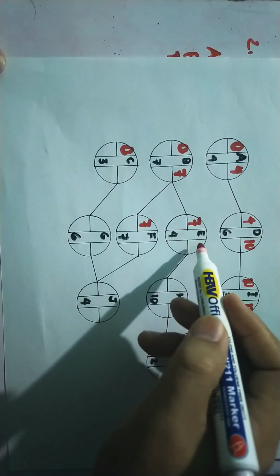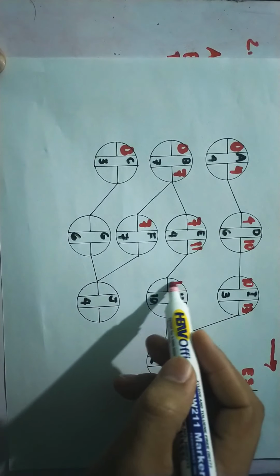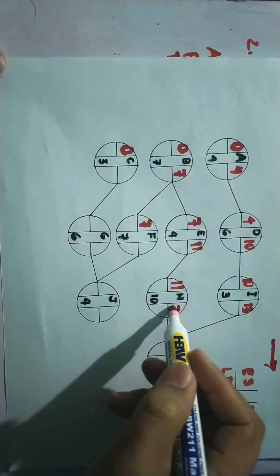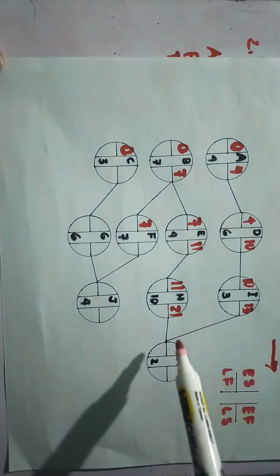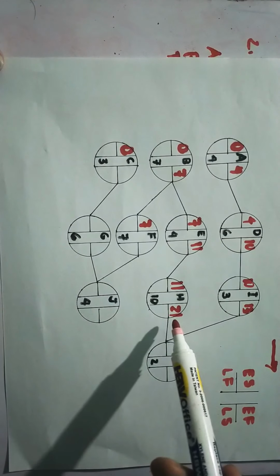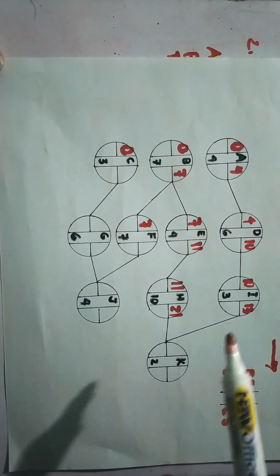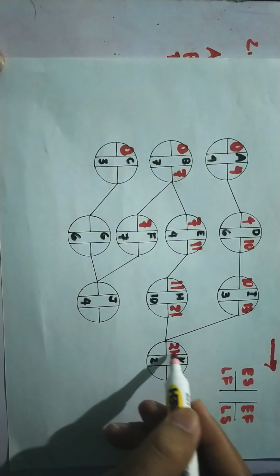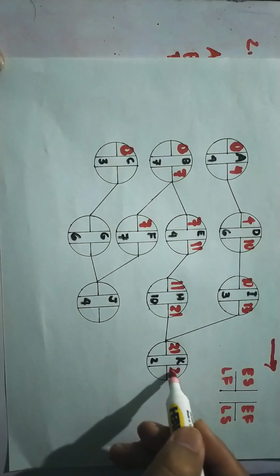So 7 plus 4, that is 11. And then 11, we copy 11. And then 11 plus 10, that is 21. Okay, so comparing 13 and 21, 21 is bigger compared to 13, so we will write here 21. Okay, and then 21 plus 2, that is 23.